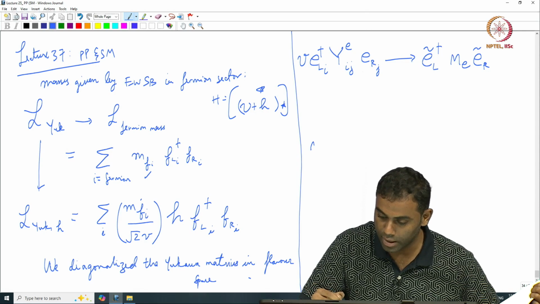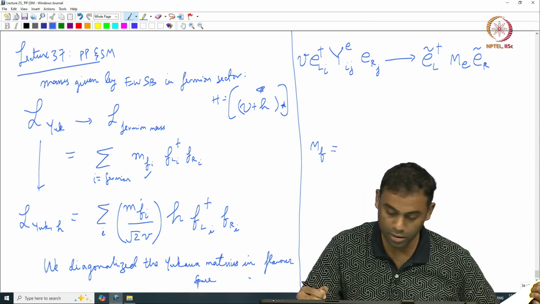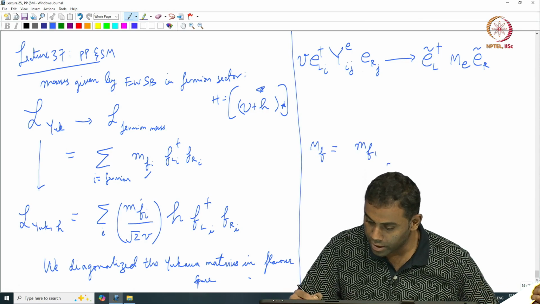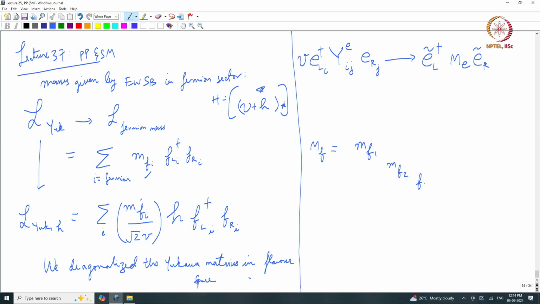So, by any M_F now I am going to mean a diagonal matrix with the 3 fermion masses, okay, corresponding to the 3 generations. So, this is a column matrix, that is a square matrix of course, and this is another column matrix. A column in what? In flavour space. Okay. That should be clear now, right.